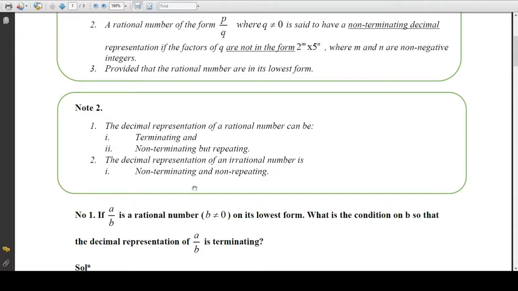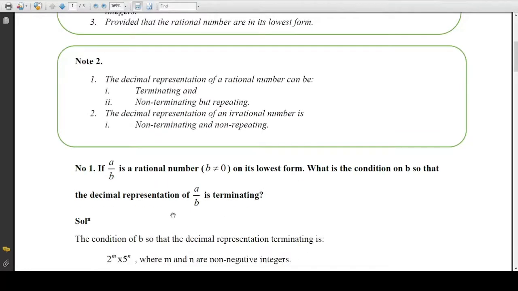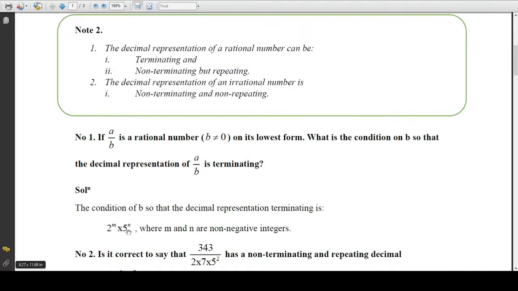In this note we have just discussed that if this given rational number is in lowest form, the condition for the decimal representation to be terminating is that the denominator should be in the form 2^m multiply 5^n, where m and n are non-negative integers.